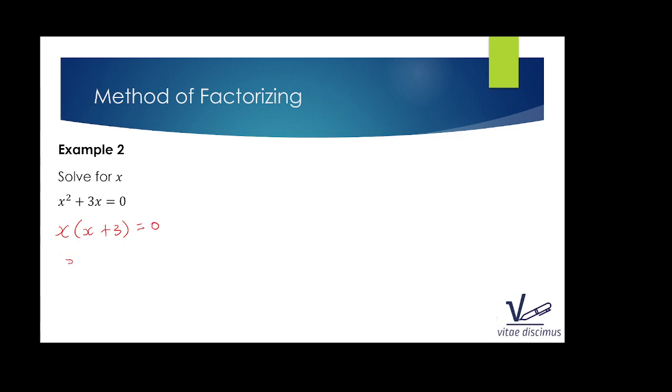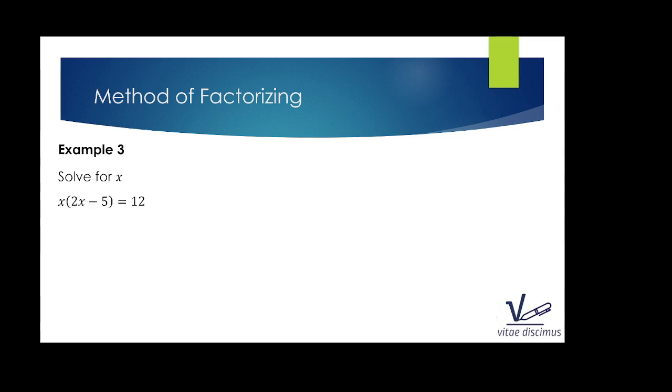So the solution is x equals 0, or when x plus 3 equals 0, which gives x equals minus 3. Those are the solutions for that equation. So you factorize, never ever divide by x, because you lose a solution.